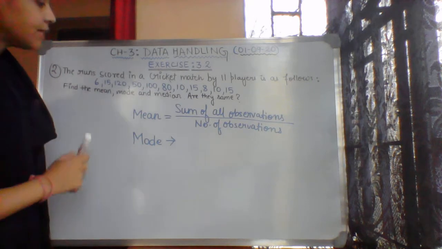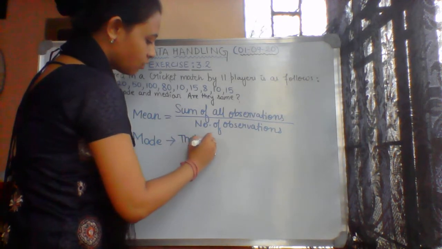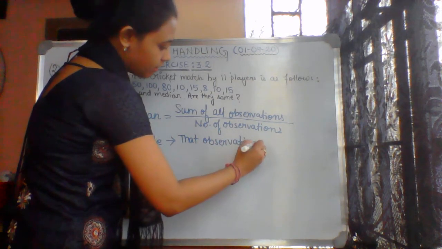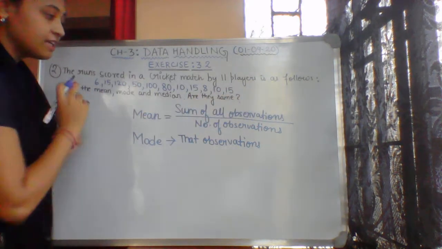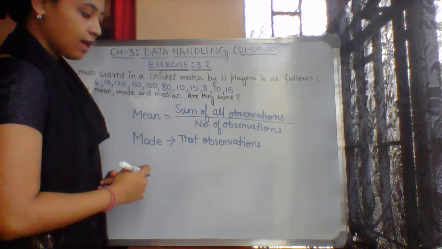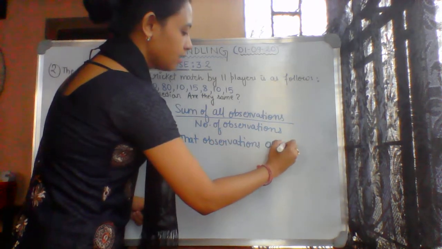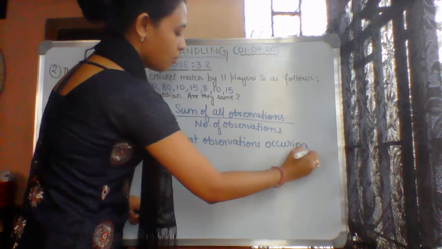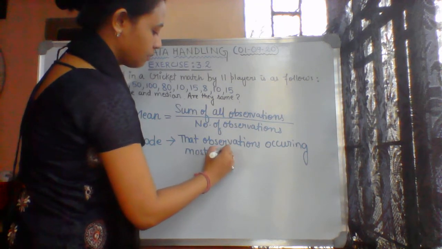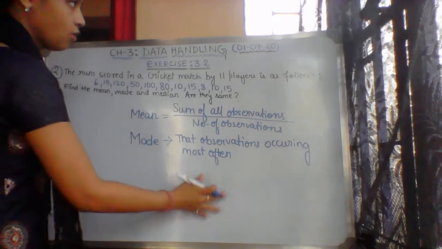Yes, mode is that observation, the value from the given data, which is occurring most of the times. So mode is that observation occurring most often, most frequently. Means it will be present with the highest frequency.